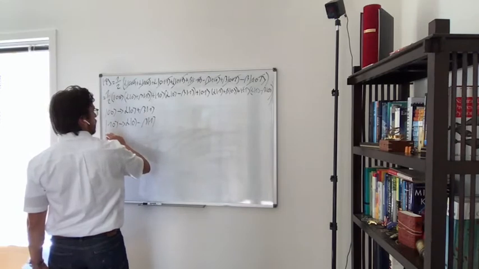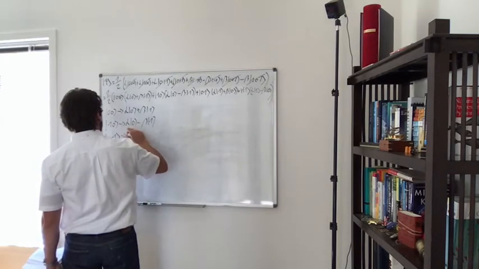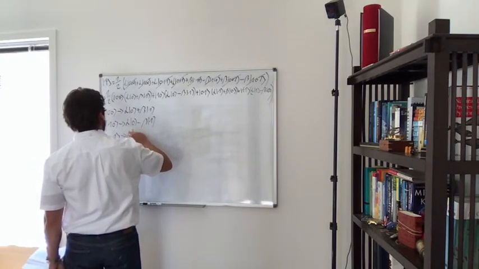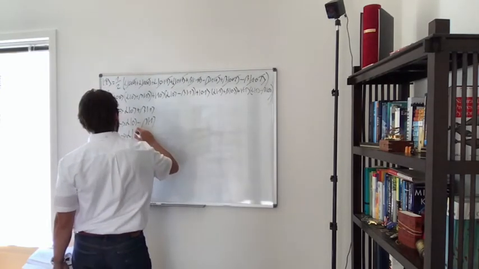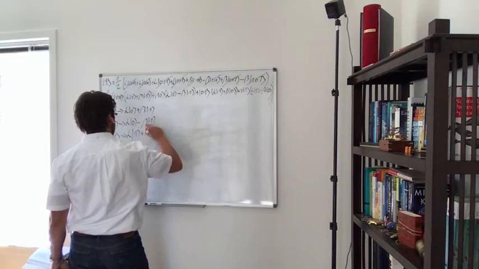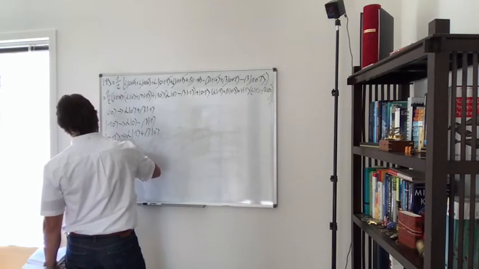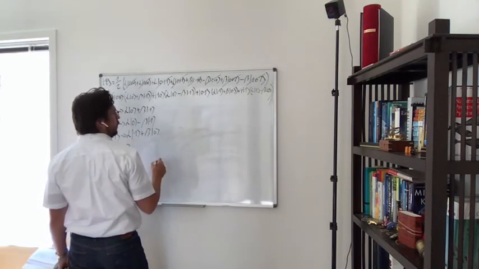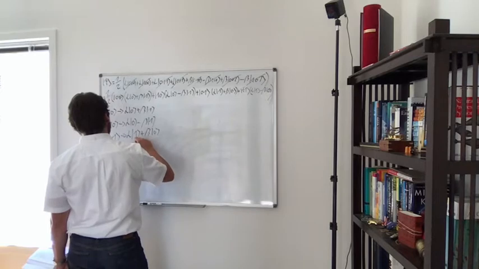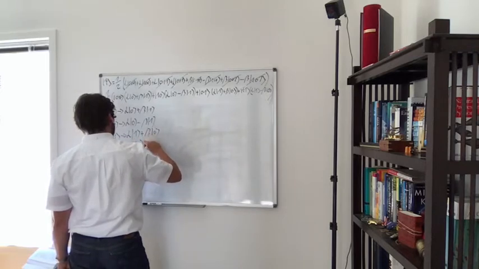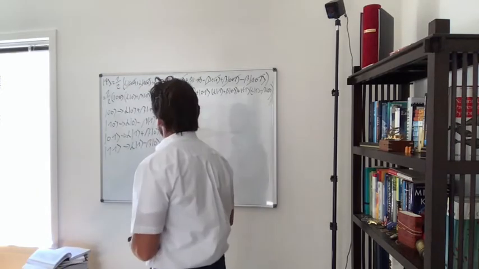If she measures 0, 1, then Bob's state becomes alpha 1 plus beta 0. And if she measures 1, 1, Bob's state will become alpha 1 minus beta 0. Okay.